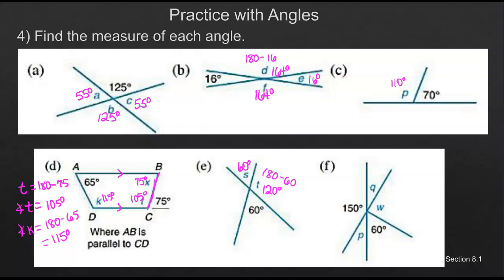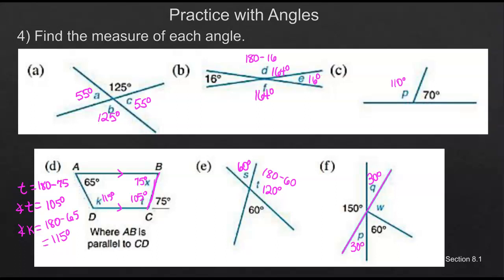So on this last one, we could look at the fact that we have this straight angle right here. So that means that Q would be 30, right? 180 minus 150 would make that 30 degrees. That means P would also be 30 degrees because of vertical angles.